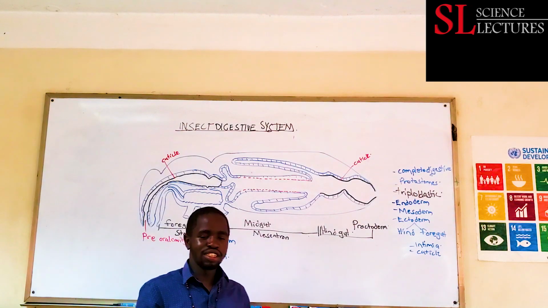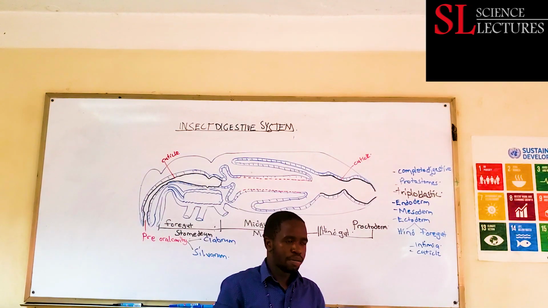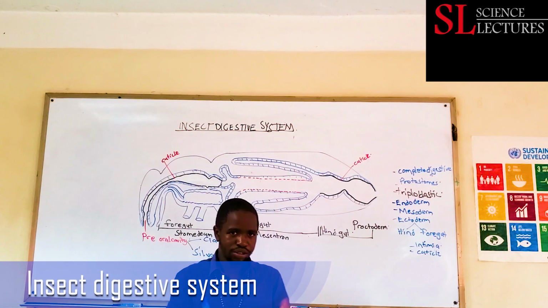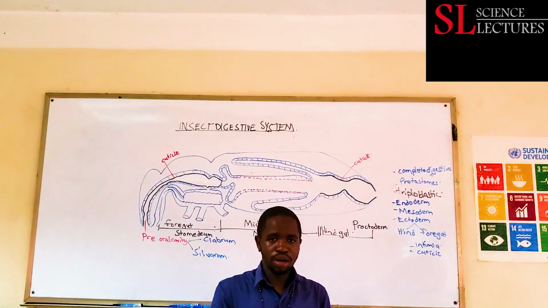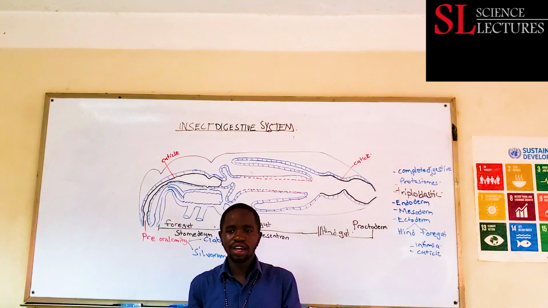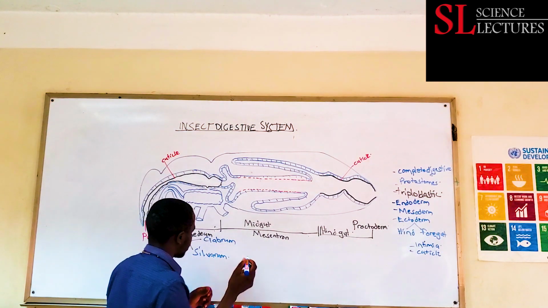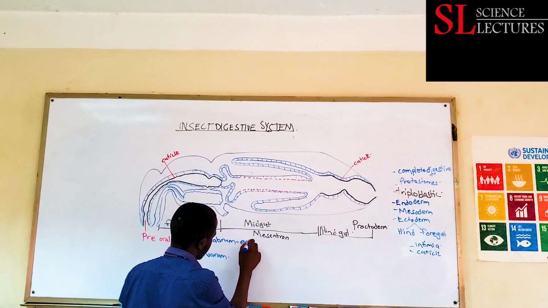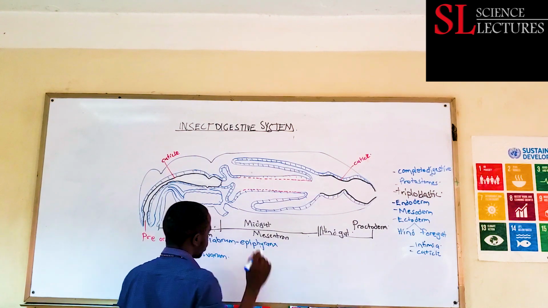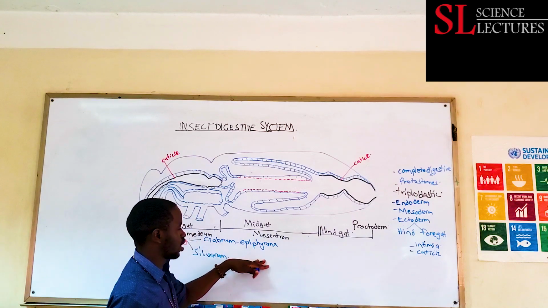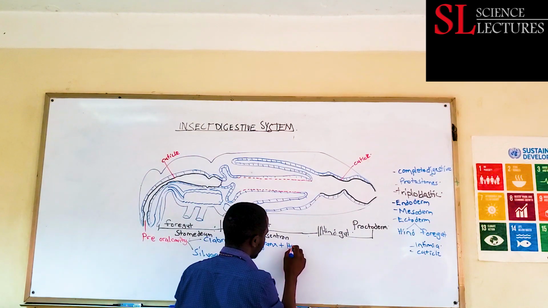Earlier we discussed the insect mouthparts. We said the insect mouthparts are either mandibulate or haustellate, and the mandibulate mouthparts are made up of the mandibles, the labrum, the labium, and the maxilla. We said the uppermost part of the labrum is what we call the epipharynx. If you have not watched that video, please do so. So the cibarium is the part between the epipharynx and the hypopharynx.